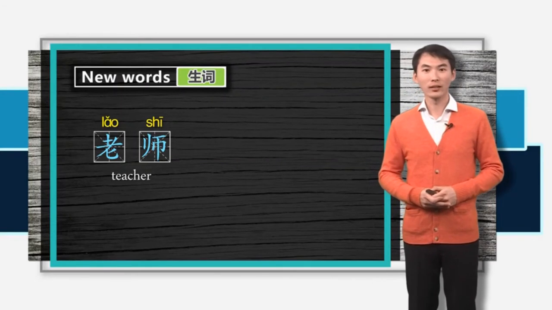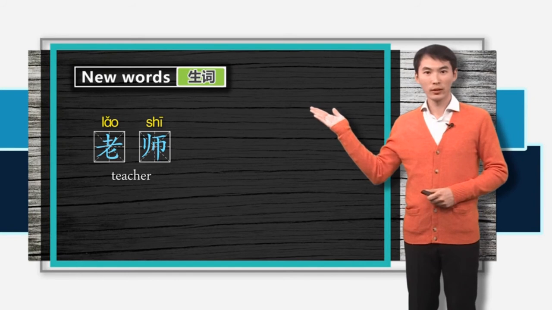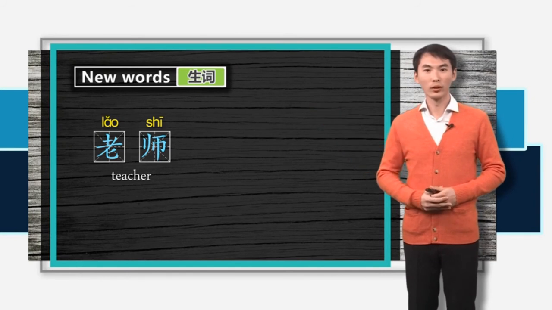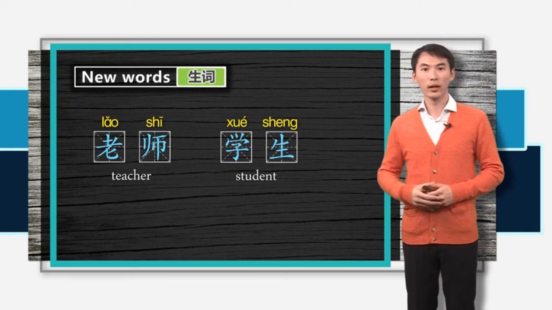Okay, now, let's learn today's new words. 老师 teacher. 跟我读老师. 学生 student. 跟我读学生.